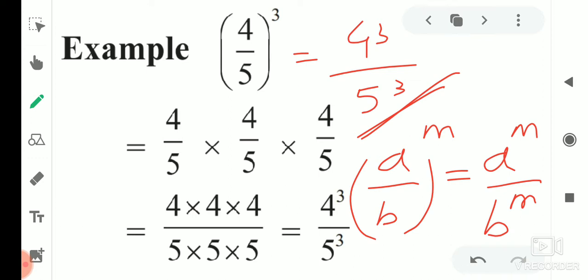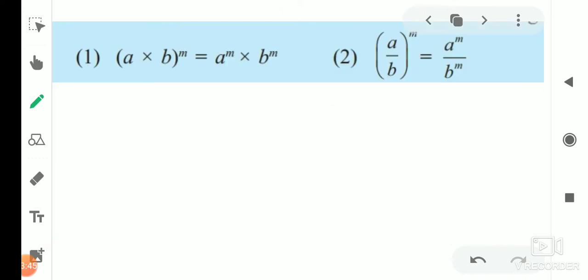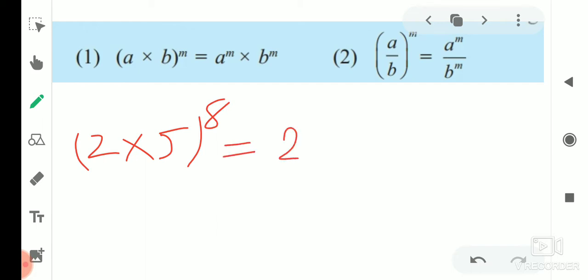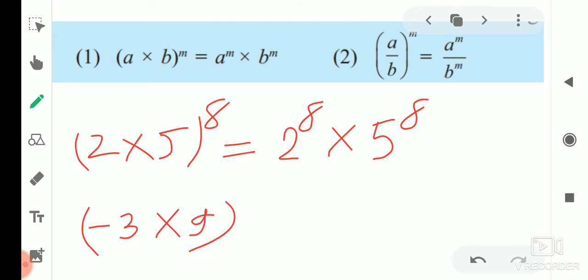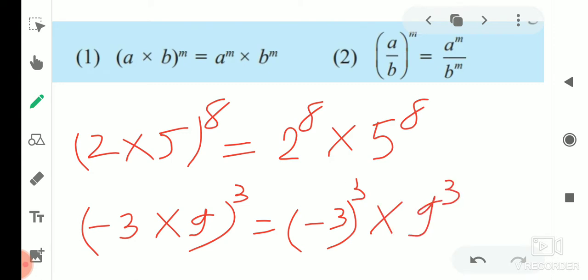Let's solve some examples based on these two properties. 2 into 5 raised to the power 8 gives 2 raised to the power 8 into 5 raised to the power 8. One more example, minus 3 into 9 raised to the power 3 gives minus 3 raised to the power 3 into 9 raised to the power 3.